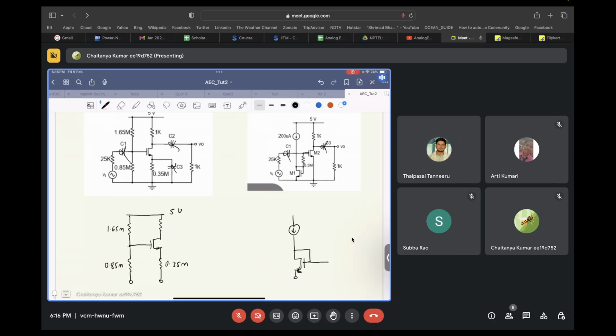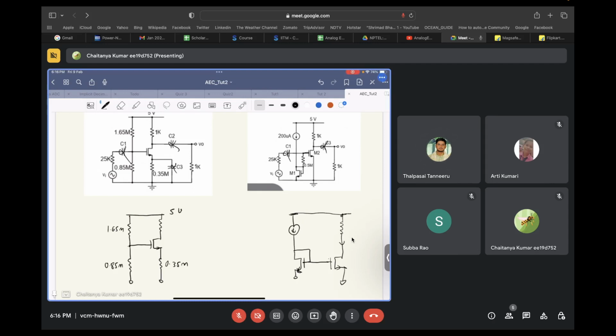So it does not matter. You can just remove it, and you will still have the same result. So this is how these two circuits look.